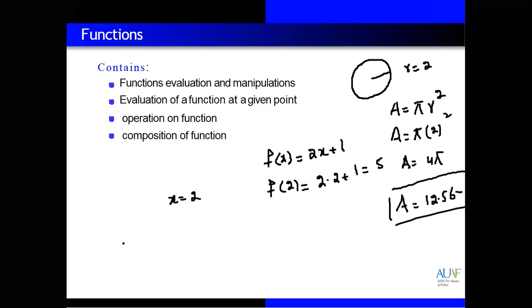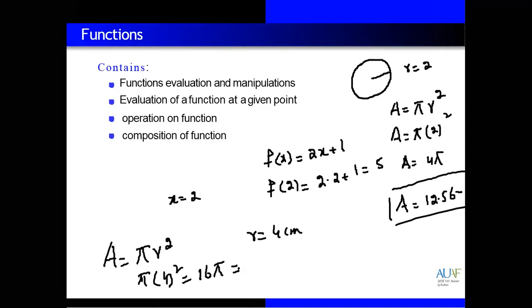Again, if we have the area formula, area is equal to pi r square, and we know that the radius of a circle is equal to 4 centimeter. So what will be the area? Just replace r with 4. This means evaluation. We have pi and 4 square, which means 16 pi.